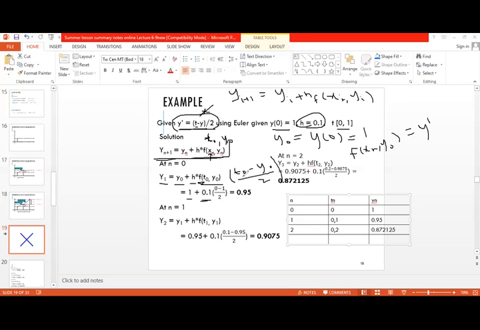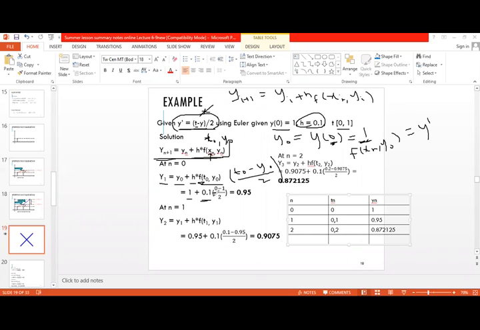Now t naught is the initial value, which is 0. So we have 0 minus y naught, which was 1, that's the initial condition, over 2.